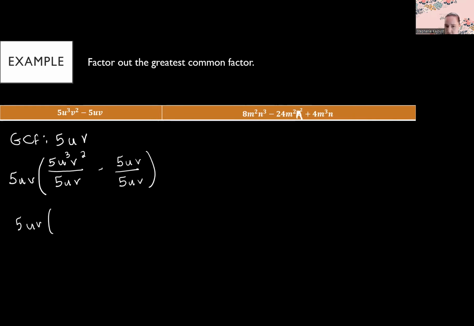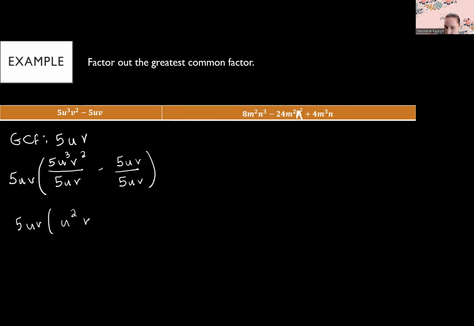When I actually do the division, 5 divided by 5 is 1. You can write the 1 if you want. I don't if I'm going to have more things written there. U cubed over u, so the u has an exponent of 1, and you get a u squared. And then v squared over v, when you simplify that, you get a single v.